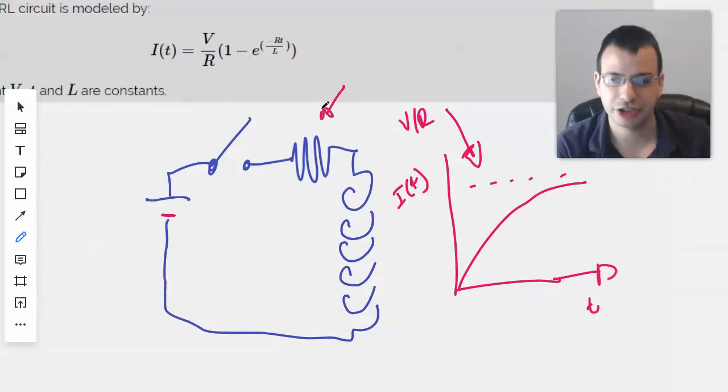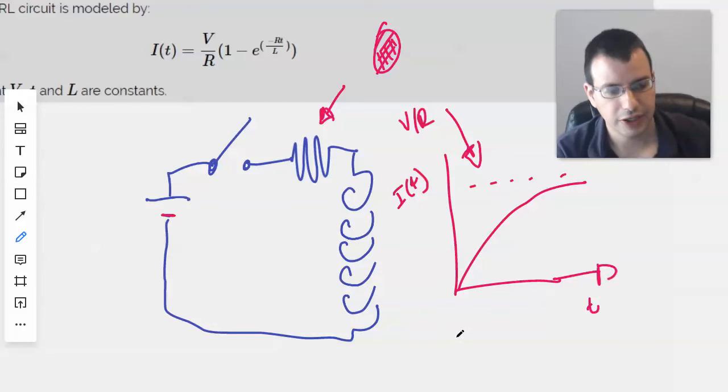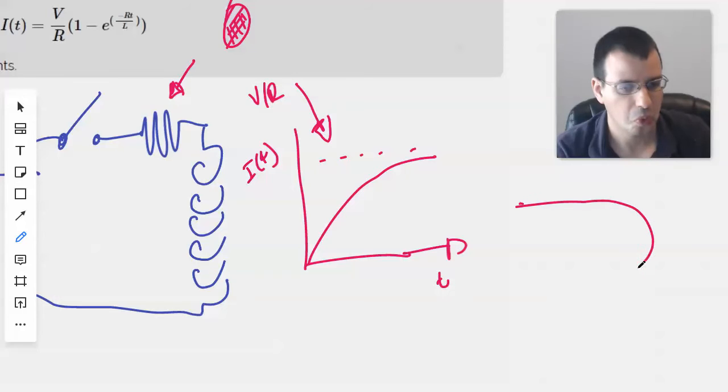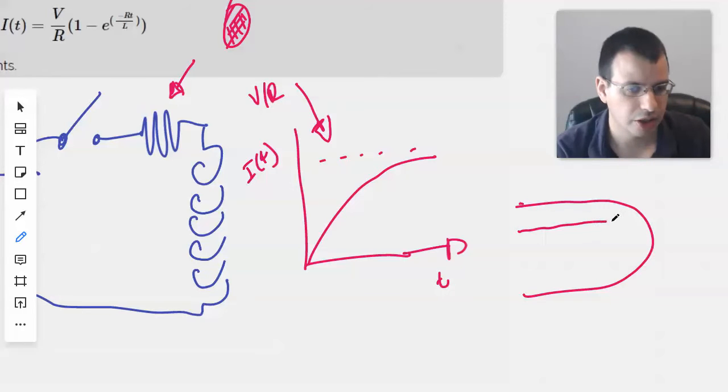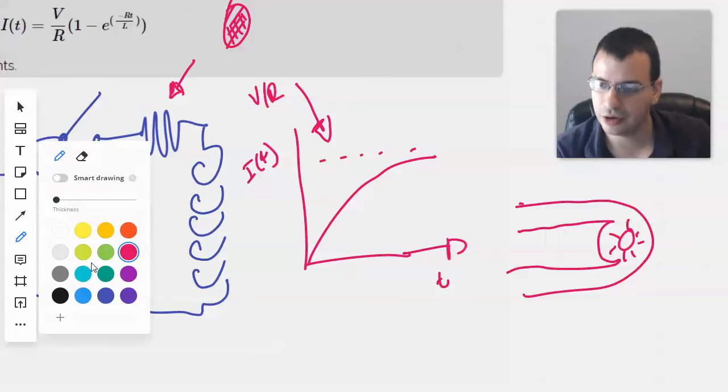A resistor is like a filter, as it provides an opposition to flow. And an inductor, or a solenoid, a coil of wire, is a water wheel. So it looks something like this. Come up, go back down, go over, have a little wheel, and then you have water flow through it.